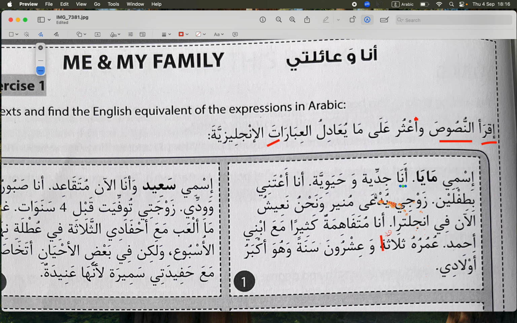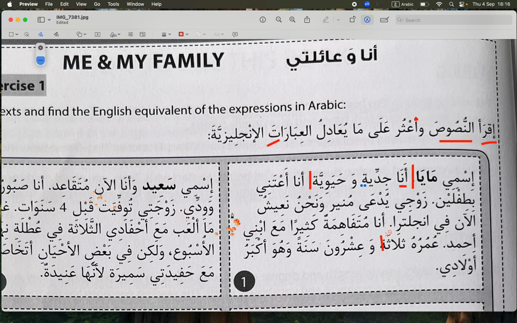Ana jiddiyah wa hayawiyah. We'll say this is a sentence and this is a sentence. Ismi Maya, my name is Maya. Ana jiddiyatun, I am serious, wa hayawiyah, and lively. Now this is in the feminine form.